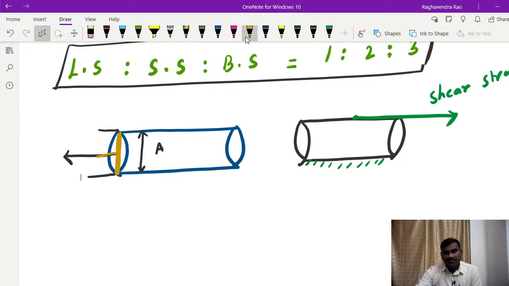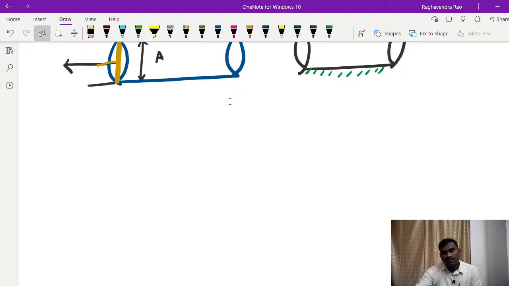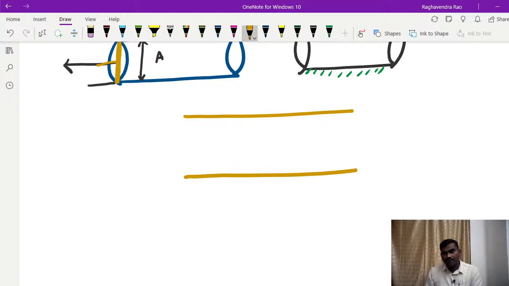If the material does not have this kind of cross section, in general the cross section is flat. But if the material has an inclined cross section, that means the material cross section looks like this. This is the shape of the material.